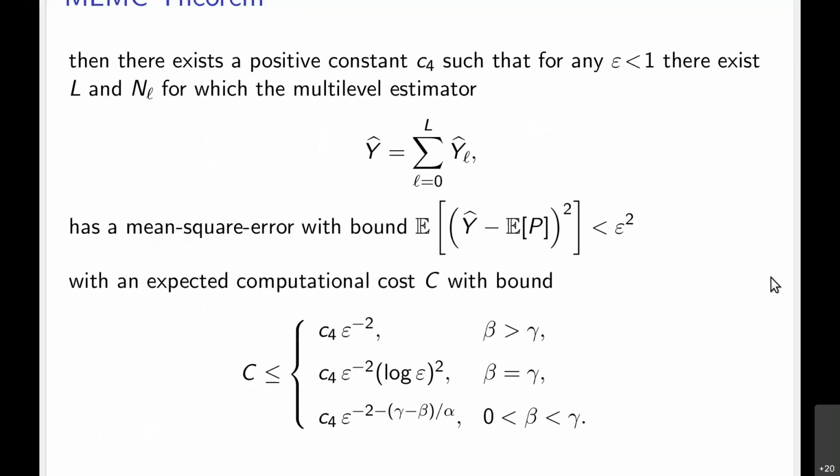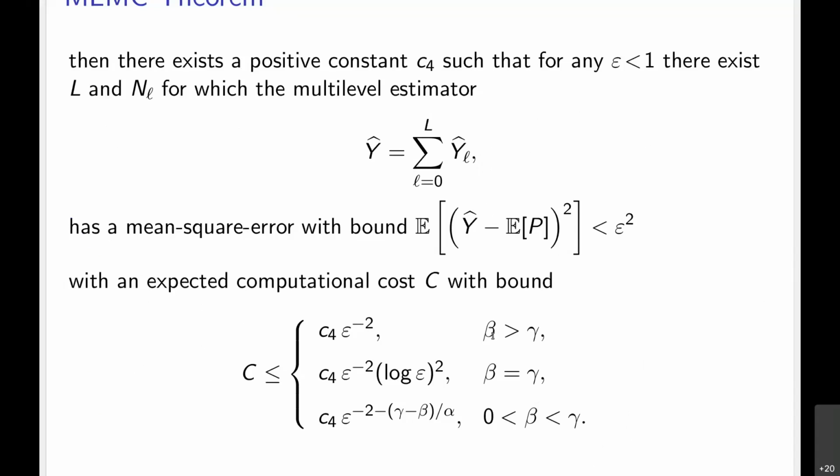And this sort of meta theorem says that if we have an application that satisfies those conditions, then the overall multi-level estimator, summing up these estimates for the corrections on each of the levels, achieves a root mean square error of epsilon with an expected computational cost that has this bound.